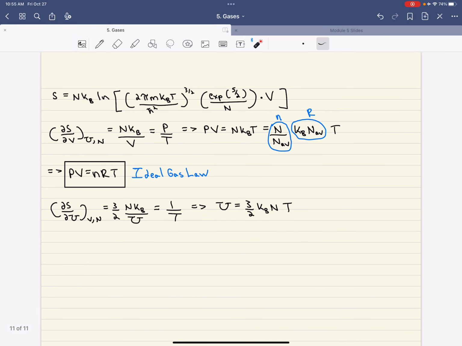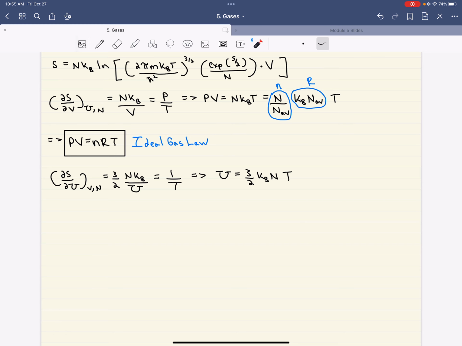Right? But what I want to do here is the same trick we did with the ideal gas law, where I'm going to multiply this equation by Avogadro's number over Avogadro's number. Okay? And so once again, when we have kB multiplied by Avogadro's number, that's going to give us R. And n divided by Avogadro's number is going to give us the number of moles.